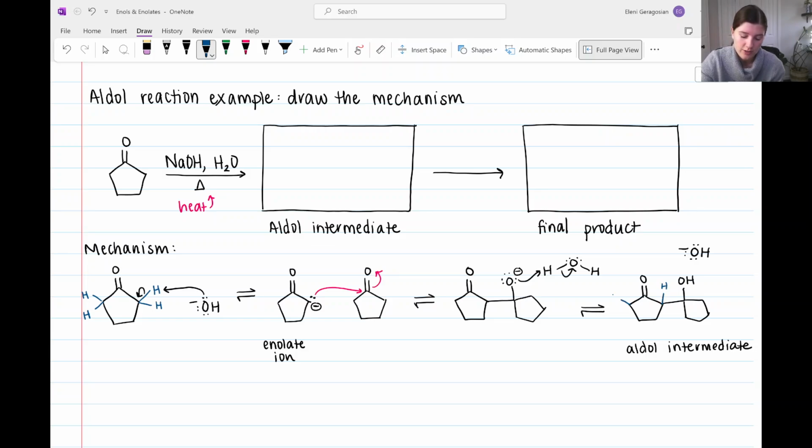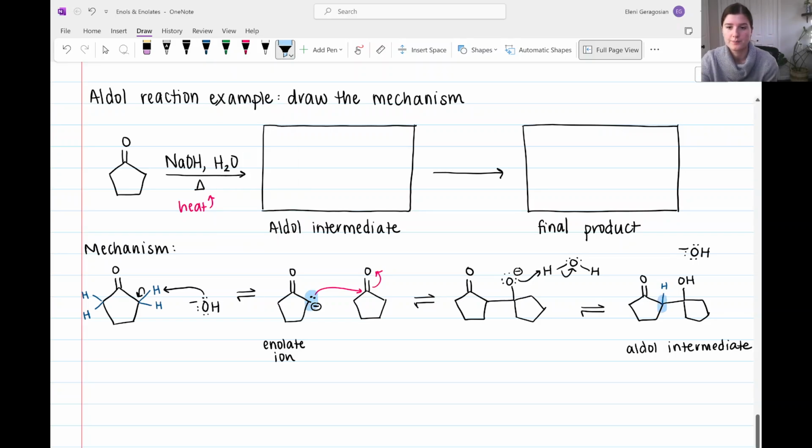Now we have hydrogens over here, but if we remove one of those and form a pi bond, we're not losing the OH group. So it's always the hydrogen that's bonded to the carbon where you formed the enolate. So same carbon as what's right here.